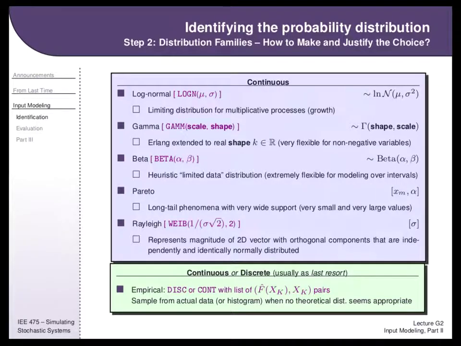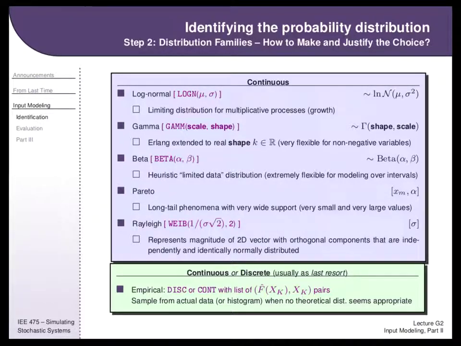And then also a reminder that, again, as a last resort, you can use DISC or CONT with your raw data. Or, and this is something the Input Analyzer will do for you automatically, you can use a histogram as the arguments for the DISC and CONT. So you don't actually have to use the raw data. If it's a continuous distribution, you can generate a histogram that has 10 bins.